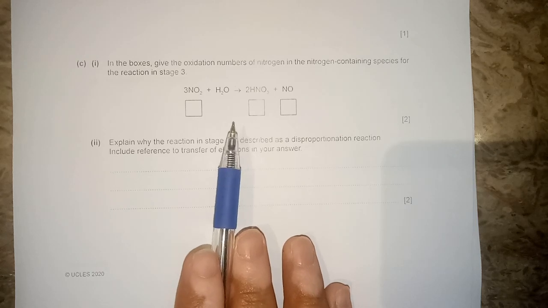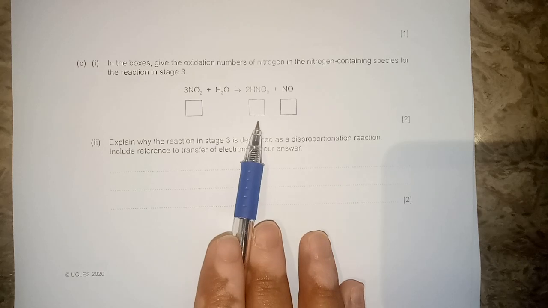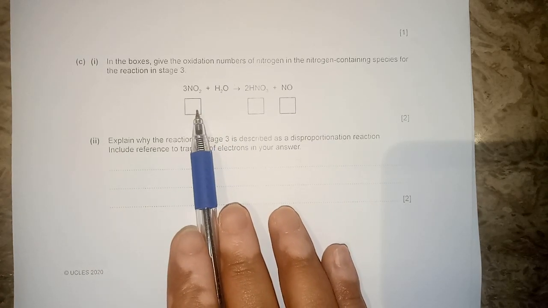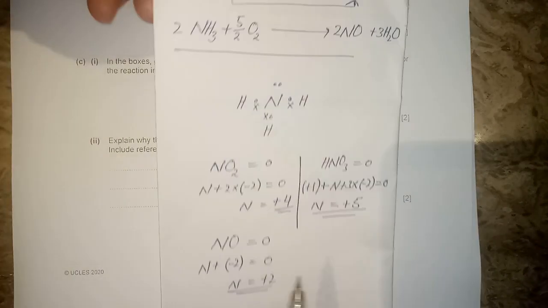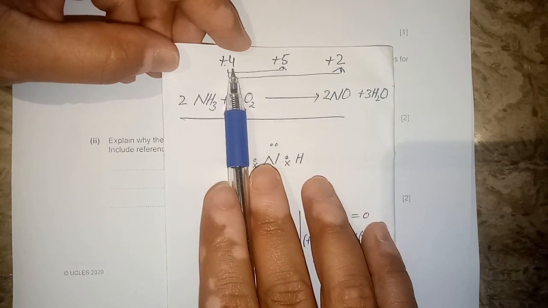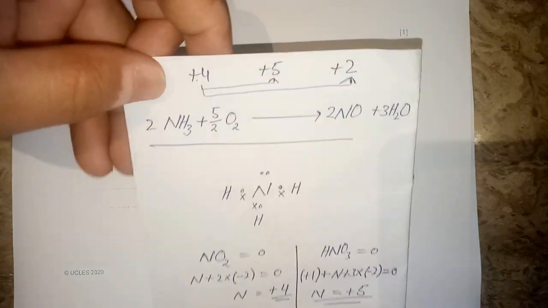That is why its oxidation state increases from +4 to +5, whereas the oxidation state of nitrogen dioxide to nitrogen monoxide decreases from +4 to +2, indicating that 2 electrons are gained. Hopefully you understand.